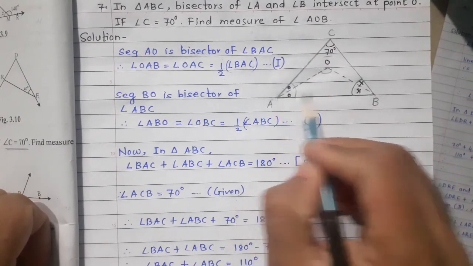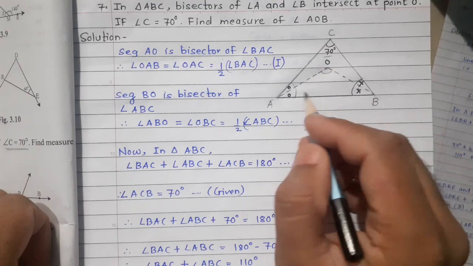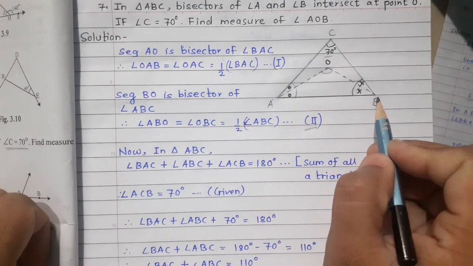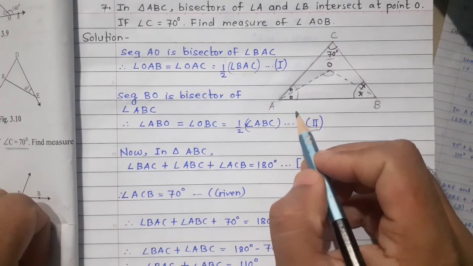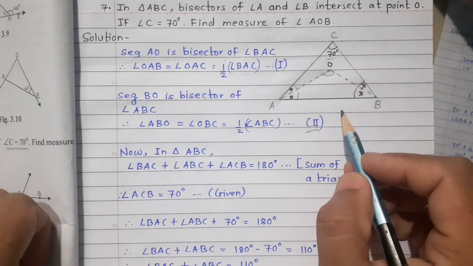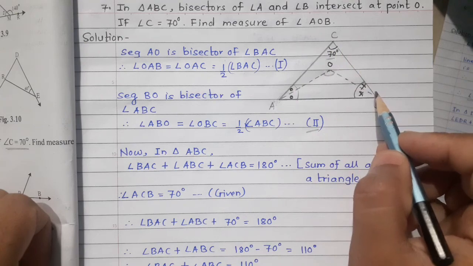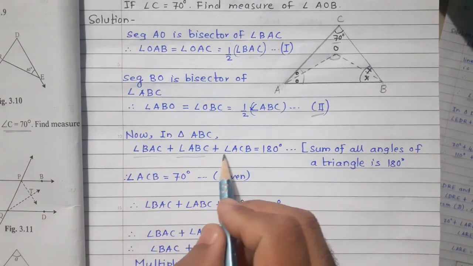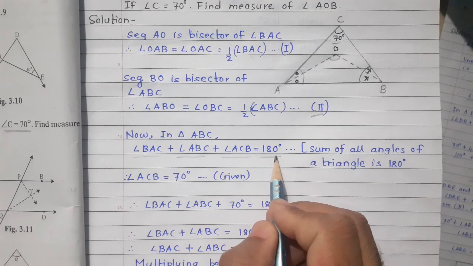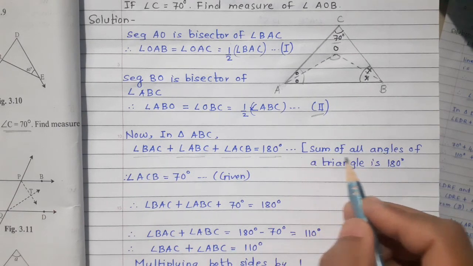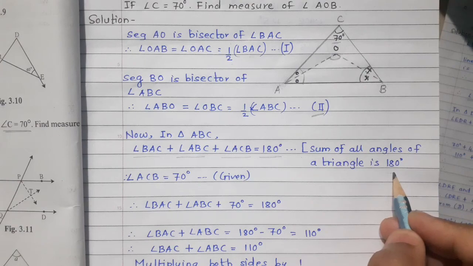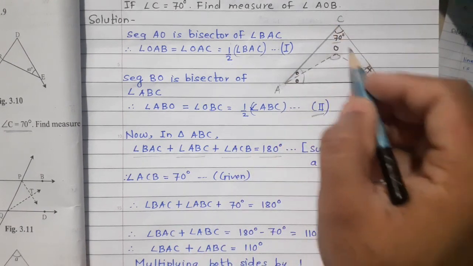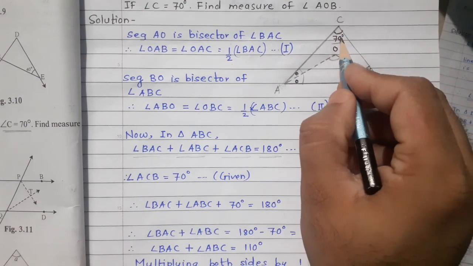Now in triangle ABC, we know the sum of all angles of a triangle is 180 degrees. Then we can write angle BAC plus angle ABC plus angle ACB is equal to 180 degrees. The measure of angle ACB, that is angle C, is given as 70 degrees.